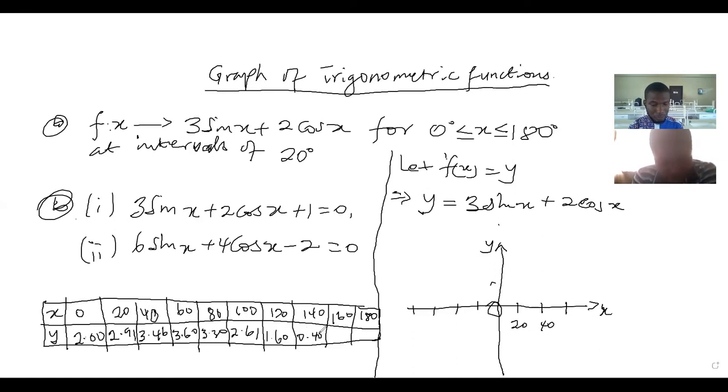And then 3 sine 160 plus 2 cos 160, I had negative 0.85. And then 3 sine 180 plus 2 cos 180, I had negative 2.00. Good.